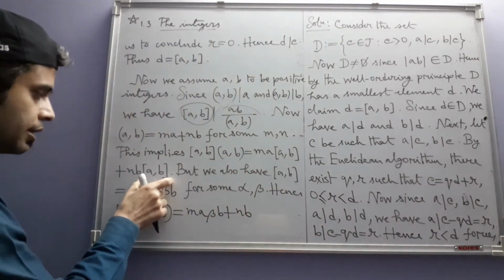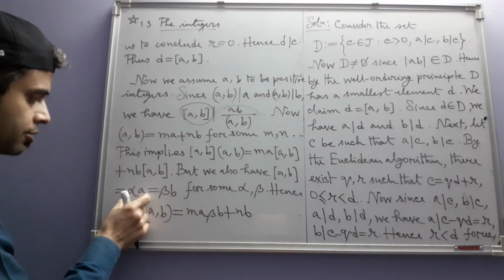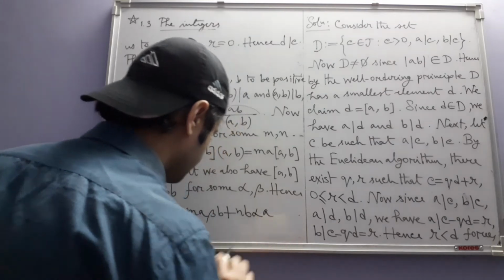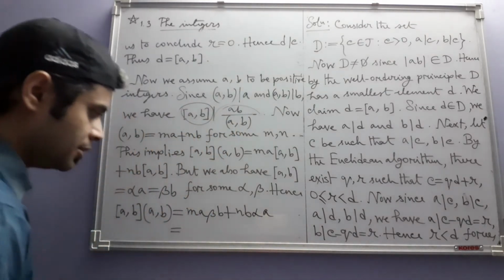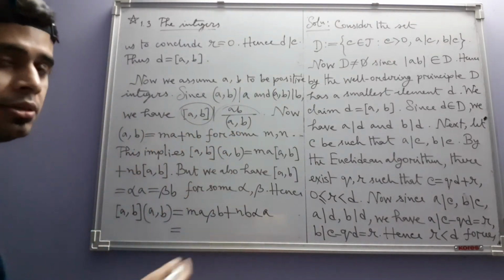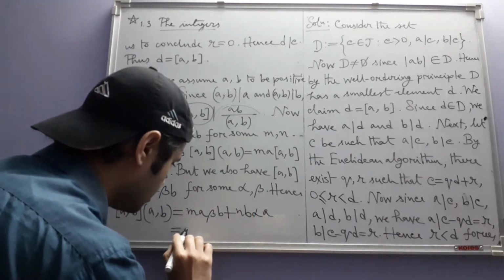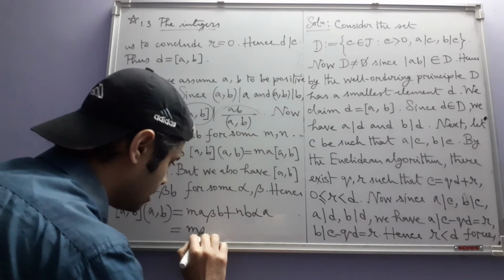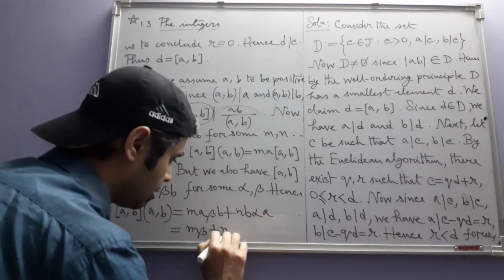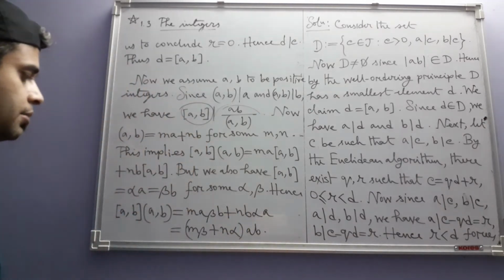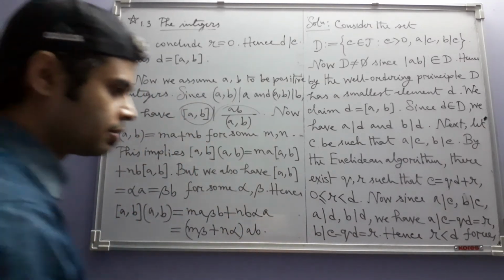In place of this LCM, same thing, but we are going to write alpha A, because after all they are same. So what does this give me? I can take AB common out because they are available in both the terms. So I get (M beta plus N alpha) times AB.